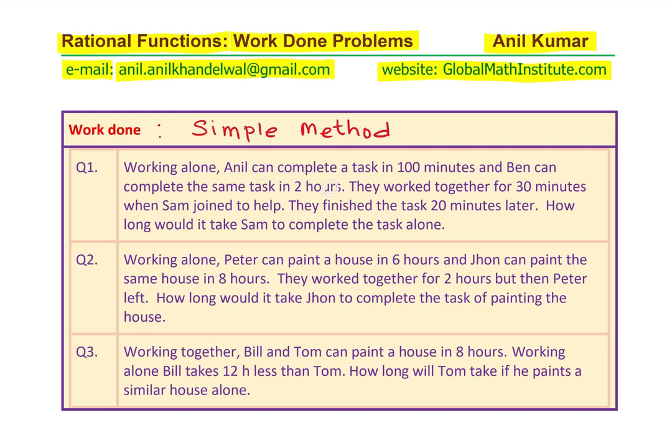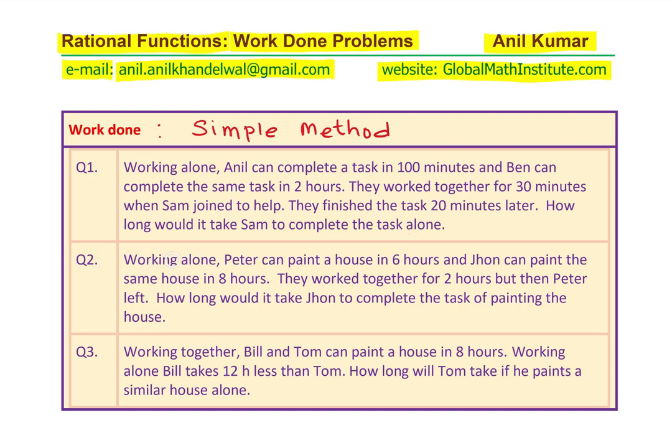So 2 friends worked together for 30 minutes, joined by the 3rd friend, and they finished the job 20 minutes after the 3rd friend joined. We need to figure out, if Sam was supposed to complete the job alone, how much time will he take? That is the first question.